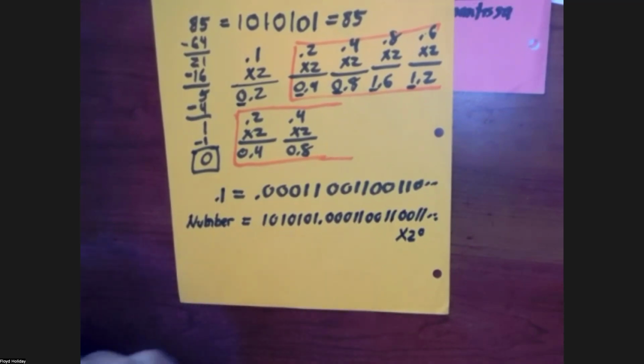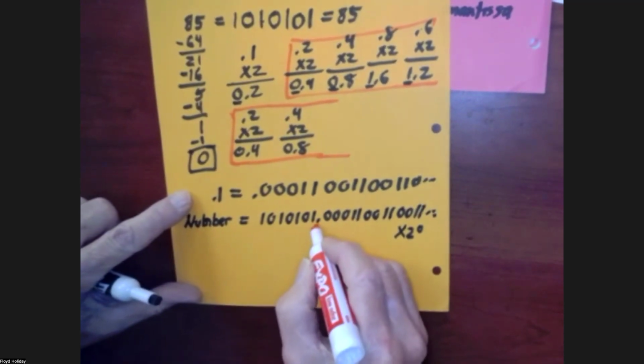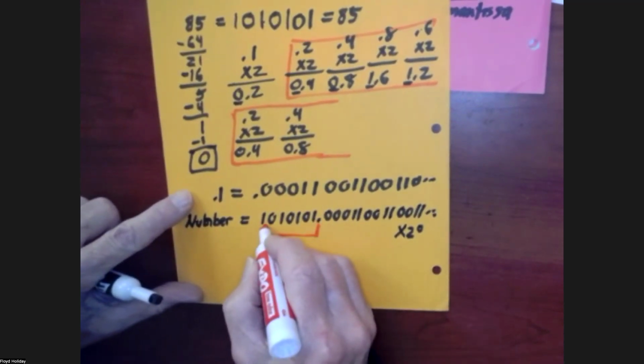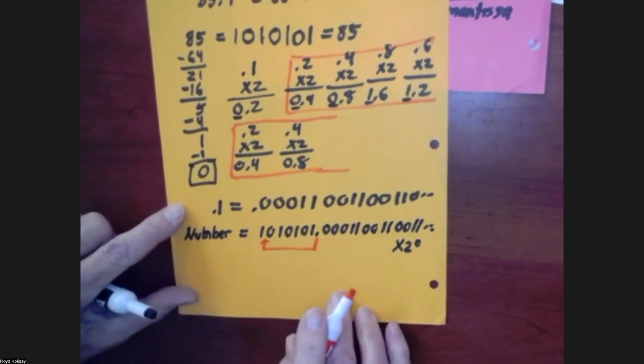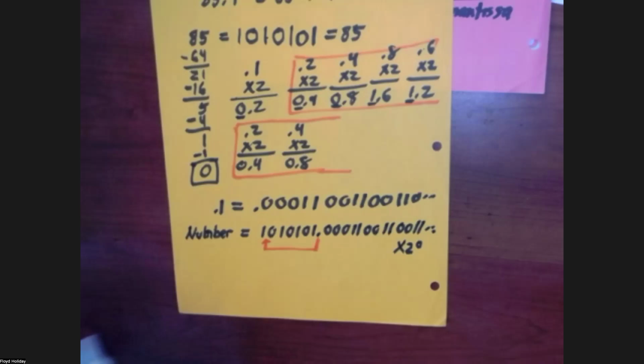And so we need to translate this to here. That's 1, 2, 3, 4, 5, 6 places.